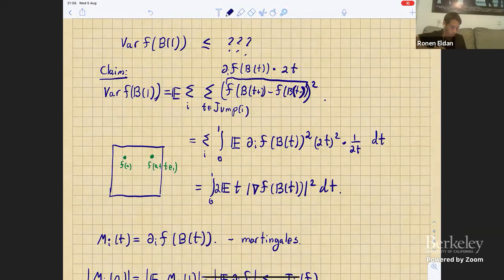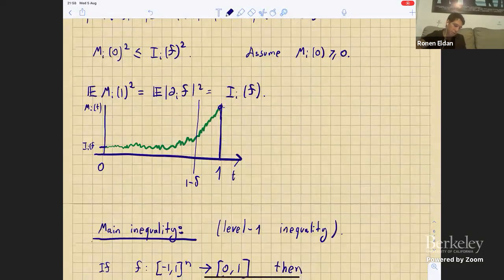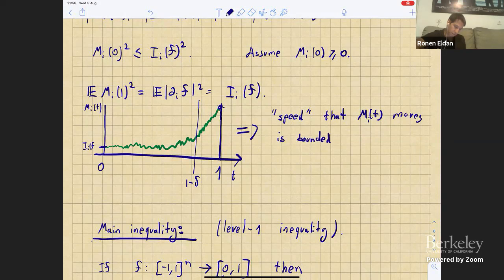So if we translate this inequality to what it means about this martingale, very informally, the speed that M_t moves is bounded by M_t root log 1 over M_t.